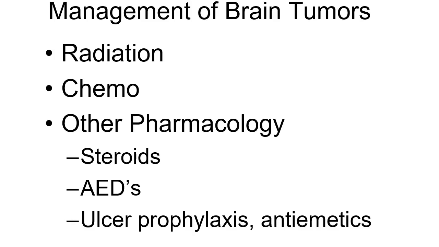Other pharmacology when patients have brain tumors: steroids to reduce inflammation, anti-epileptic drugs to prevent seizures. We don't want a lot of extra electrical activity going on in the brain when we've got other problems going on. Preventing stress ulcers, preventing nausea and vomiting, because sometimes the brain tumors can impact those parts of the brain.